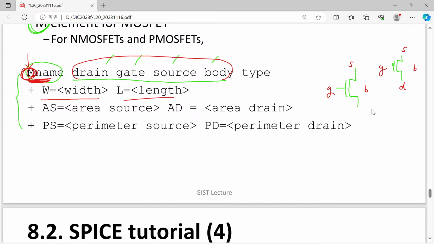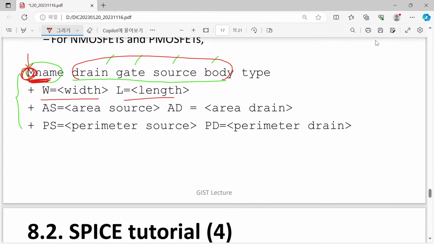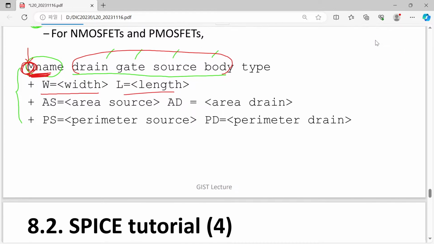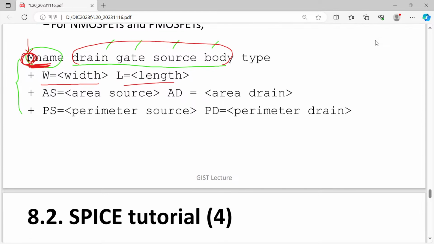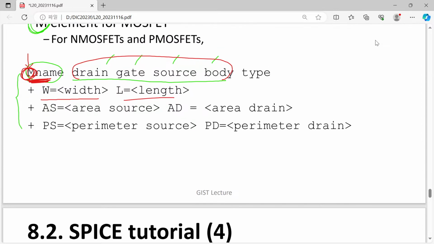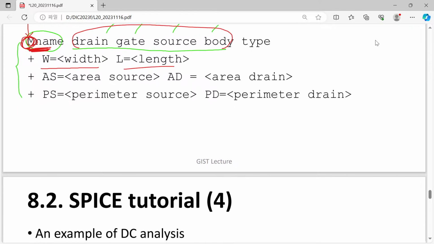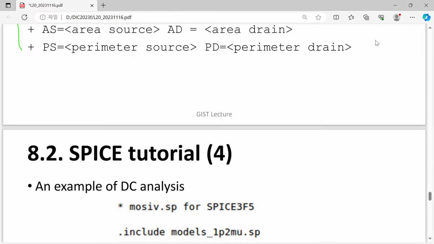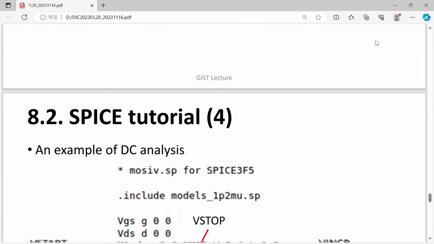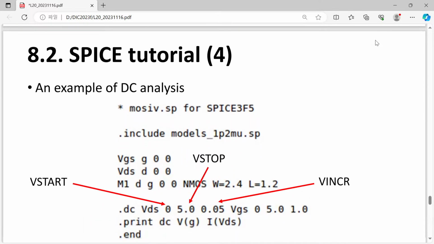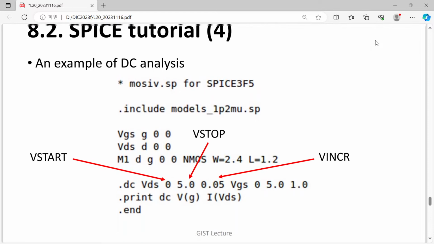Of course, not all technologies have so many parameters, but state-of-the-art MOSFET models such as BSIM have over 1000 parameters. And now let's go to another example here.